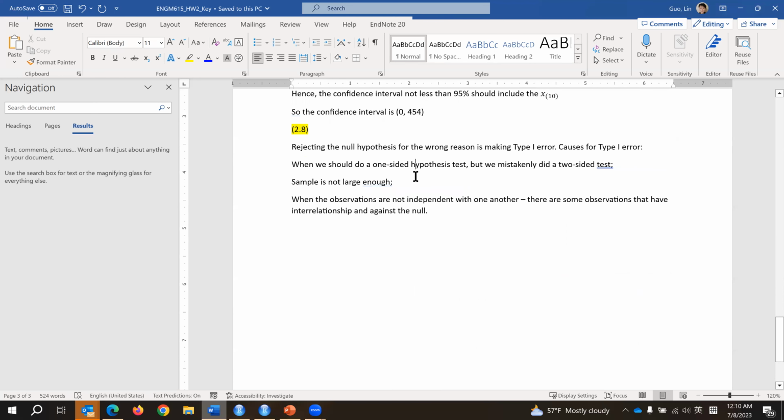Okay. And 2.8 is actually a problem asking you the cause of type 1 error, right? So you can think of multiple causes, not just limited to these 3 here. Okay, that's all for this week.